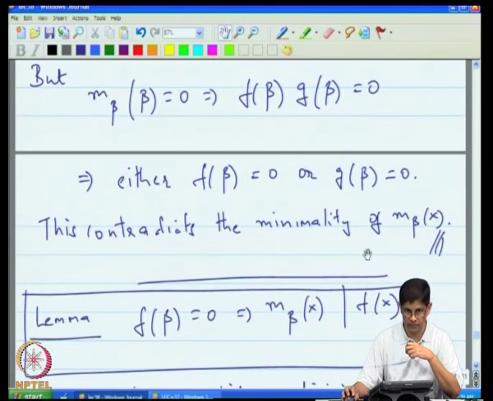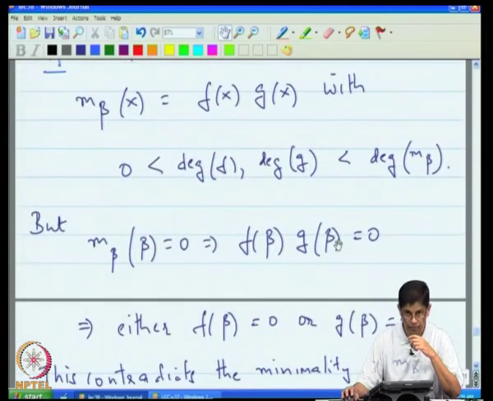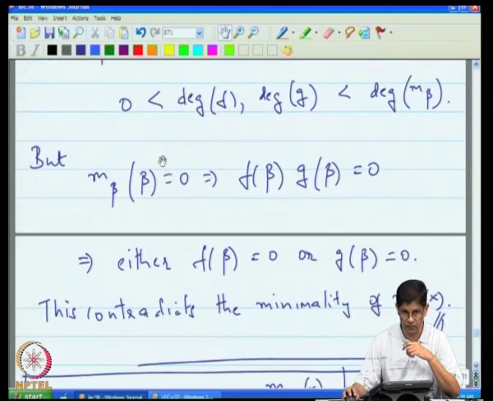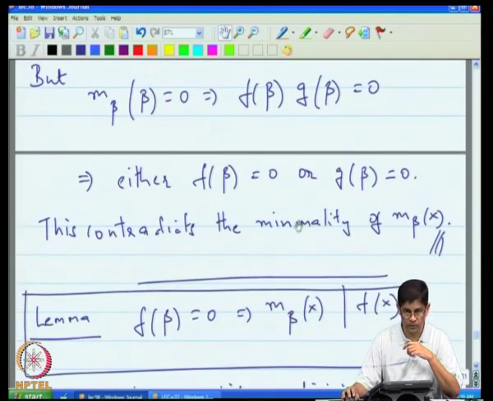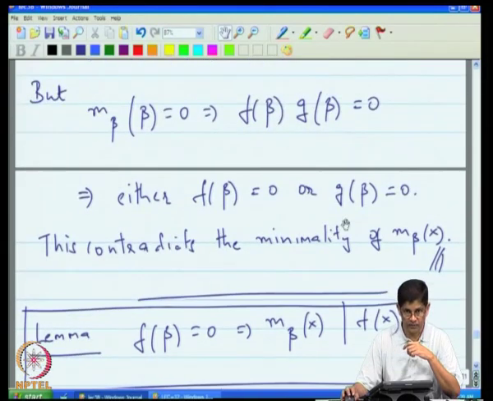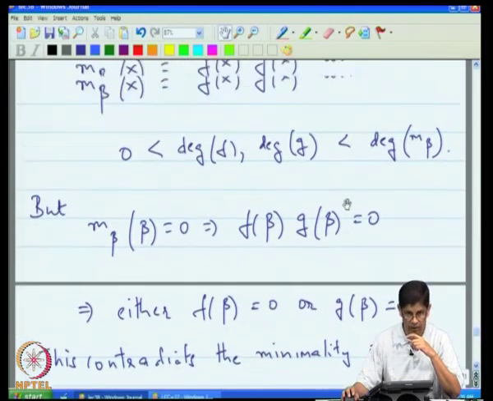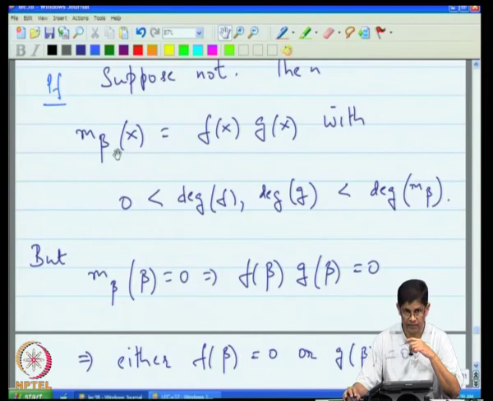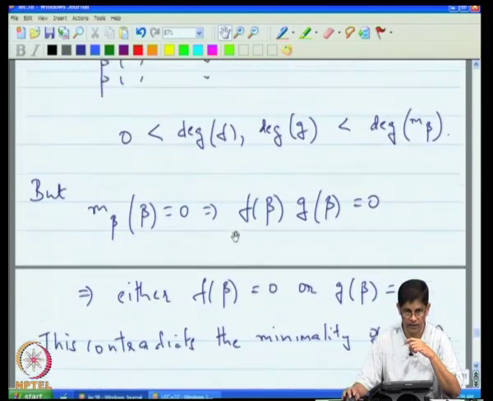So, either one of them must be 0. But these polynomials are of degree less than the degree of m beta, but we already said that this is the minimal polynomial. This is the least degree polynomial of which beta is a 0. So, that is a contradiction. So, the only conclusion that we can draw is that it cannot be that you can factor m beta of x, so it must be irreducible.